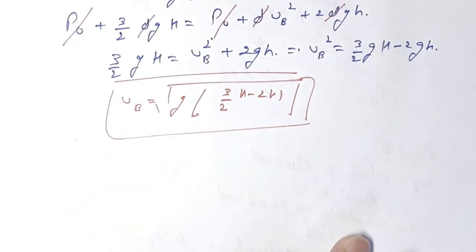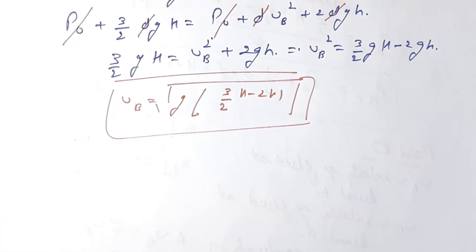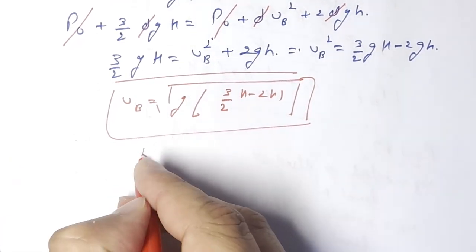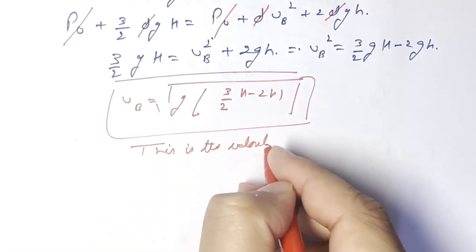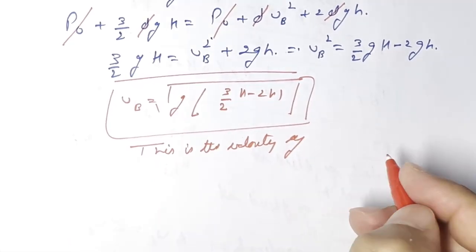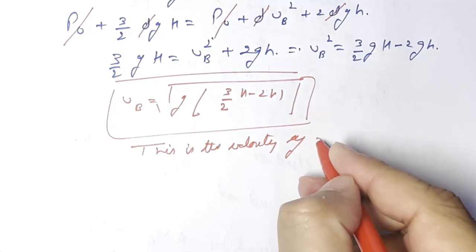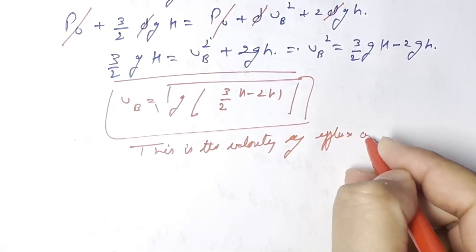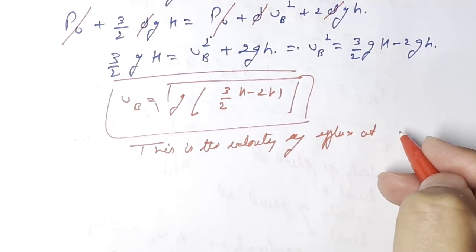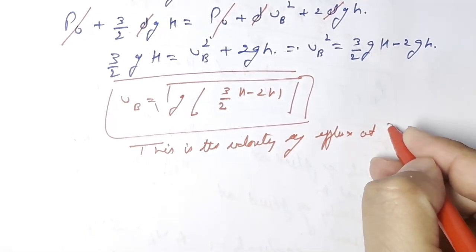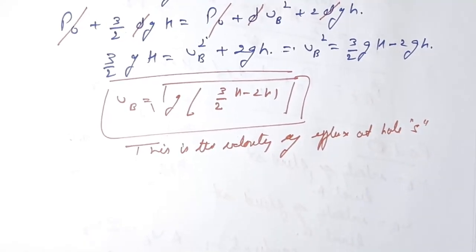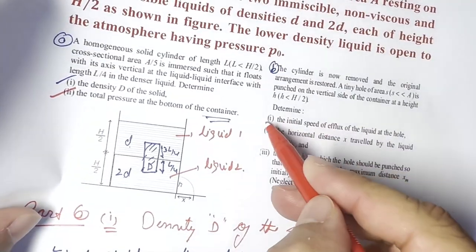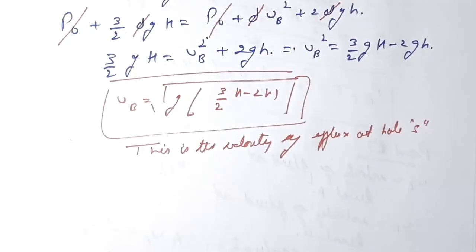So this is the velocity of efflux at the hole having cross-section area S. So we were able to solve part 1. Now we solve part 2.